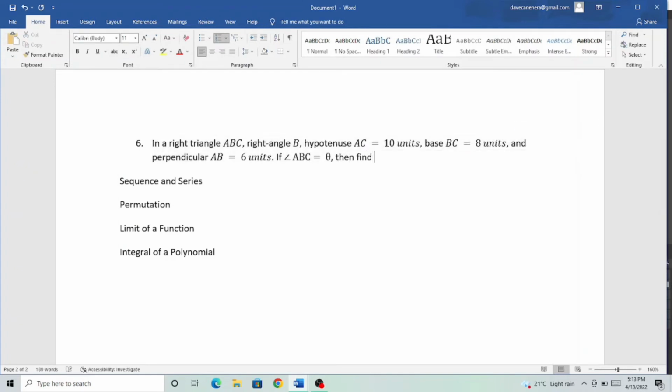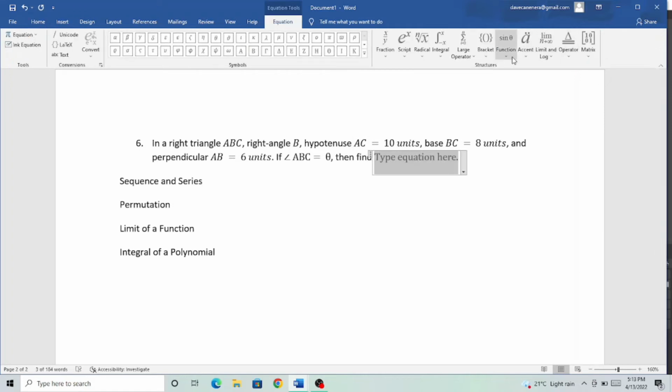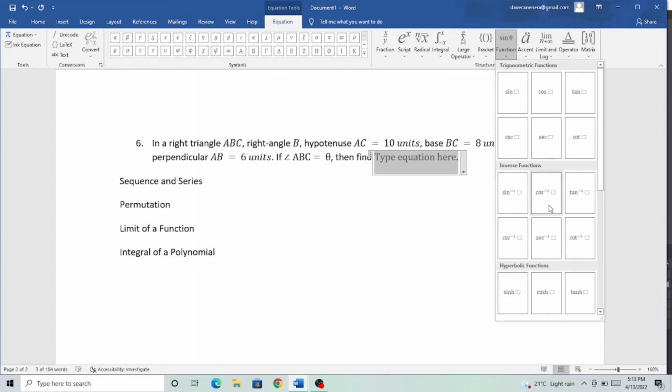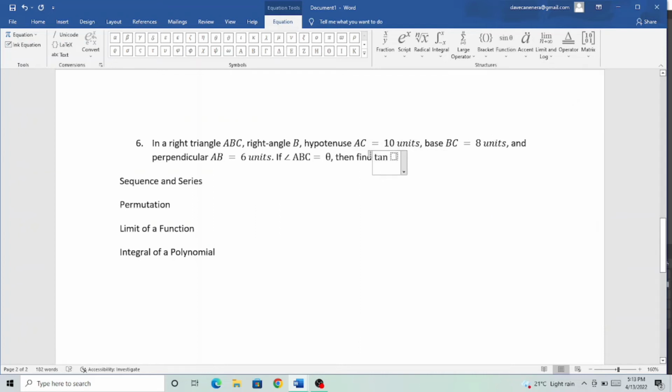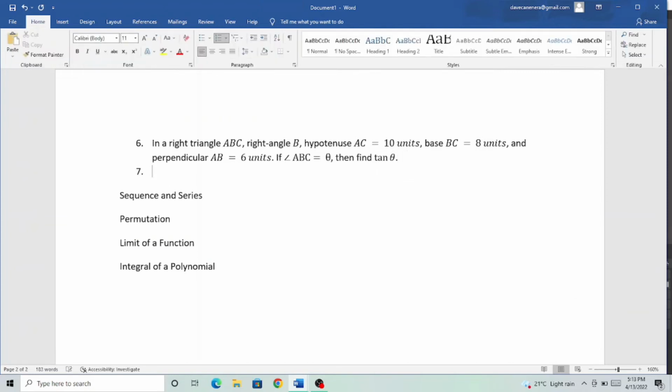Then find tangent theta. So basically it is just a basic trigonometric ratio. So tangent theta equals opposite over adjacent. So basically we just have 6 over 8, which is 3 over 4.